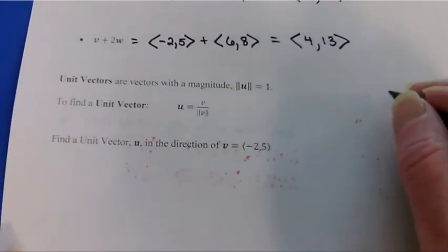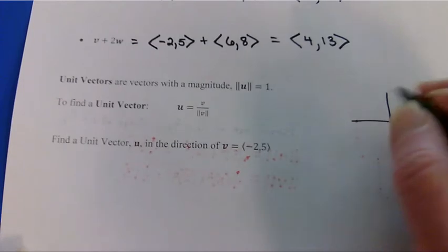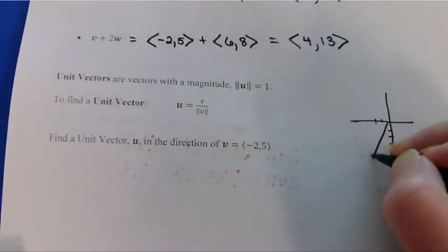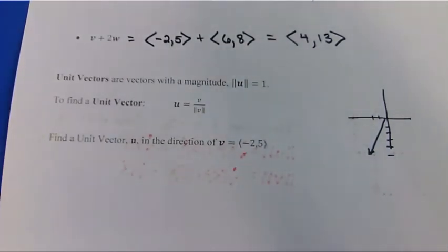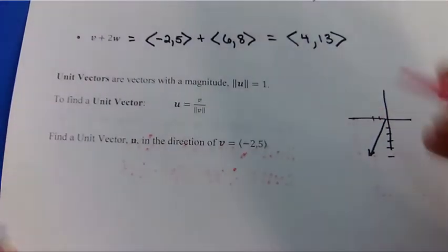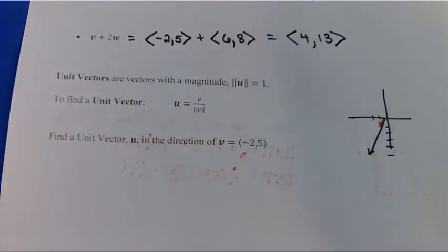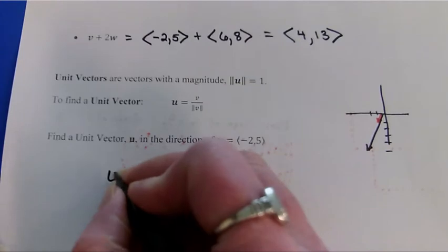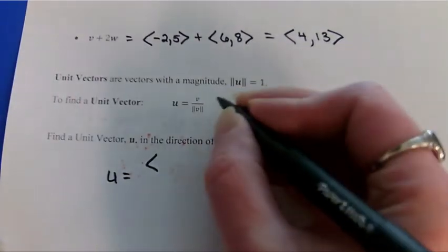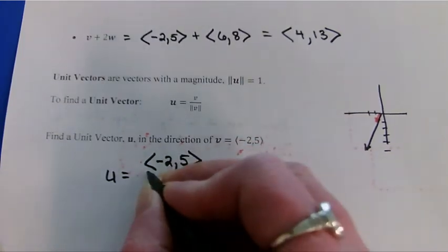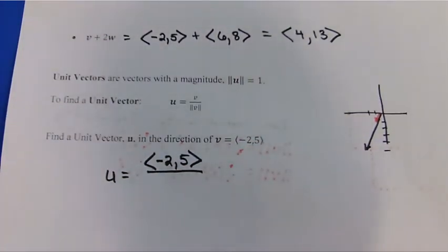So let's say this one is going left 2, up 1, 2, 3, 4, 5. This would be an equivalent vector that's got the same components. What we want to do is shorten that to only be 1 unit long. The way we're going to do that is take the vector and divide the vector by its magnitude.